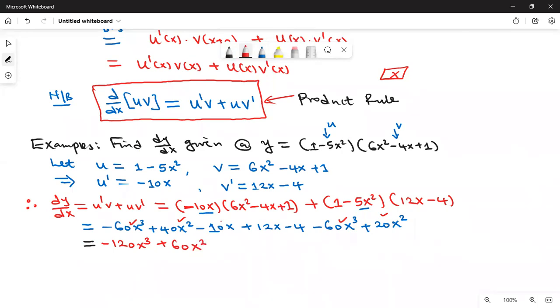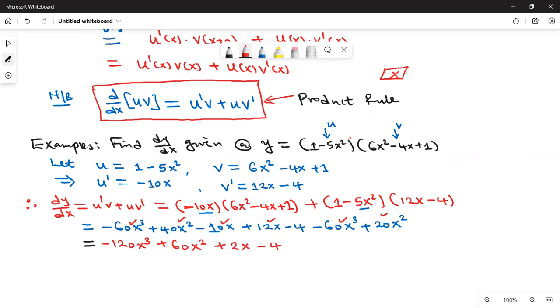Those with x, I can see negative 10 and 12, so that is plus 2x, and then negative 4, the constant term. So that is our derivative in the simplest form.